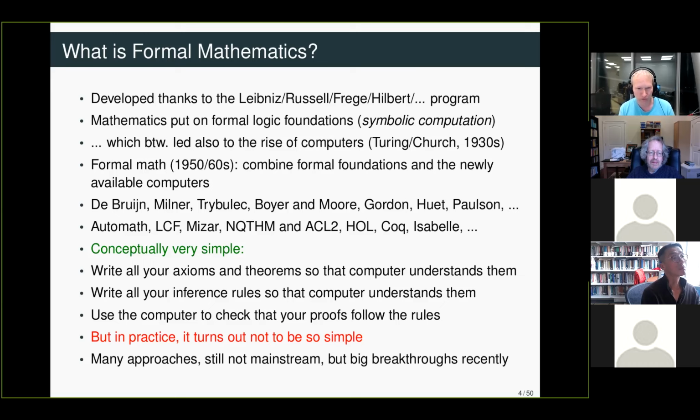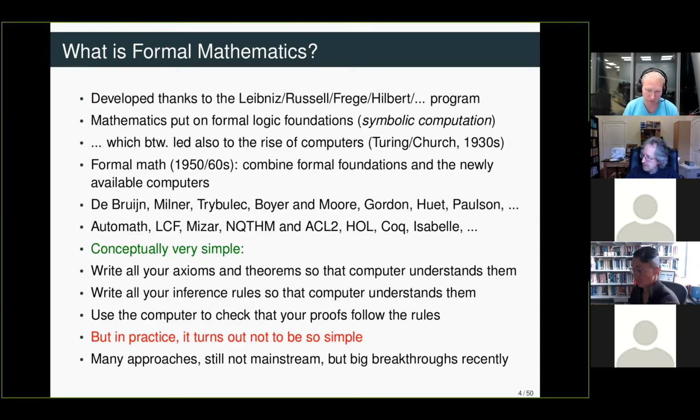And you define your inference rules, and then you just use the computer to check that your proofs follow the inference rules. So it looks really simple, but it's not simple in practice because of the cognitive gap between how computers work and how human mathematicians work.